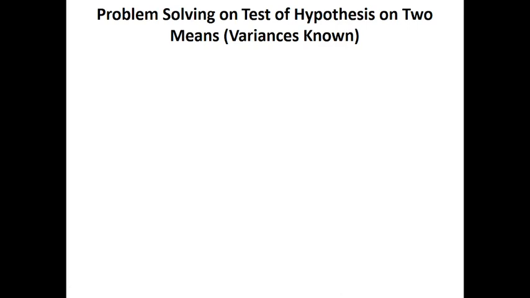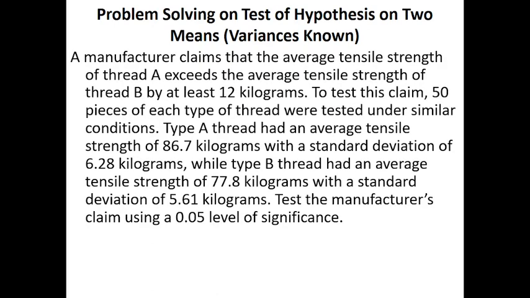So in here we have problem solving on test of hypothesis on two means, variances known. A manufacturer claims that the average tensile strength of thread A exceeds the average tensile strength of thread B by at least 12 kilograms. To test this claim, 50 pieces of each type of thread were tested under similar conditions.